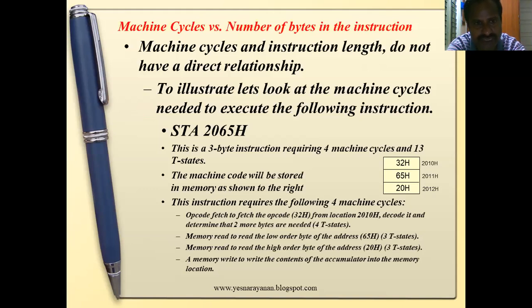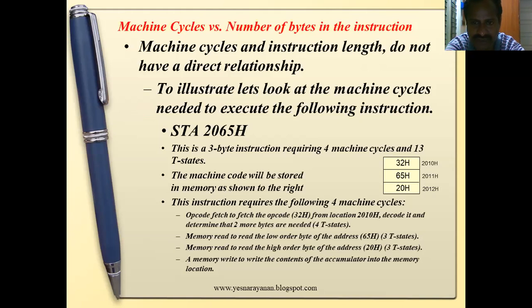It means the content of the accumulator, a number which is stored in the accumulator, is moved or copied into the memory location 2065. This is a 3-byte instruction requiring 4 machine cycles and 13 T states. The machine code will be stored in memory as shown on the right.